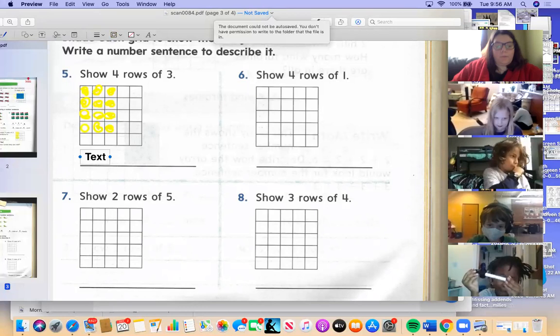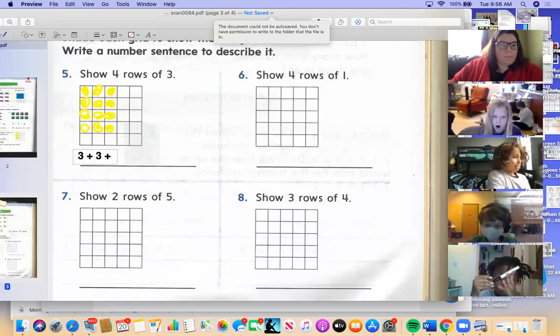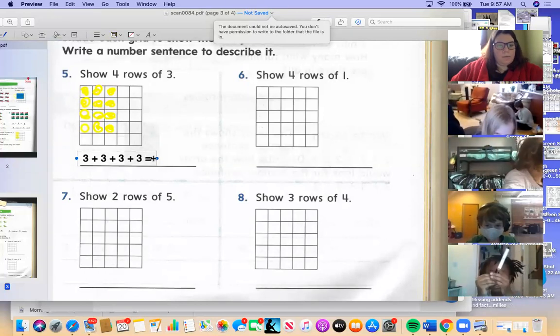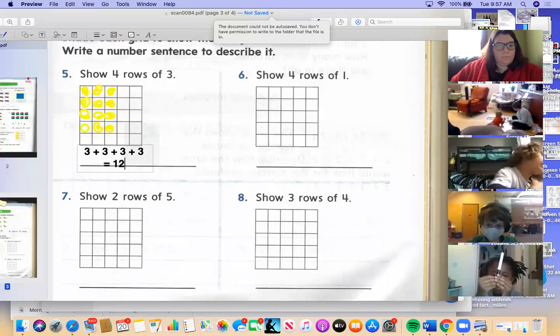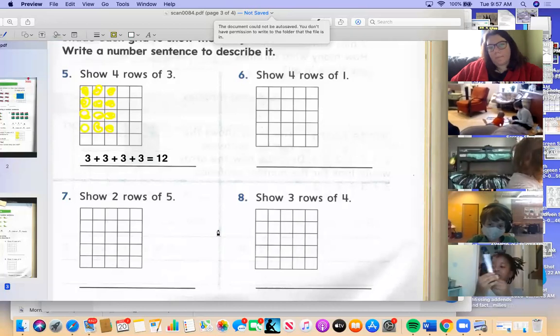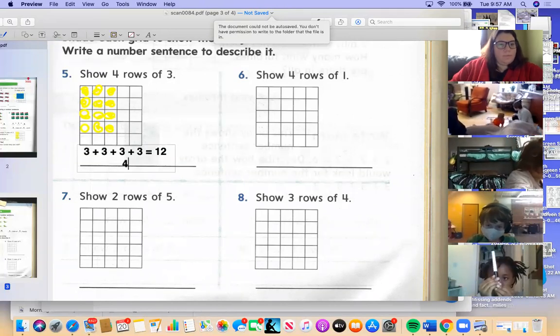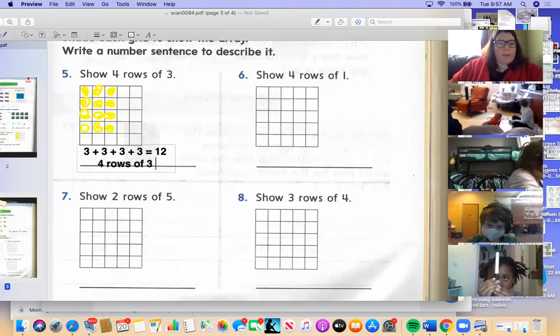Which will show us 3 plus 3 plus 3 plus 3 equals 12. We could also say 4 rows of 3 equals 12.